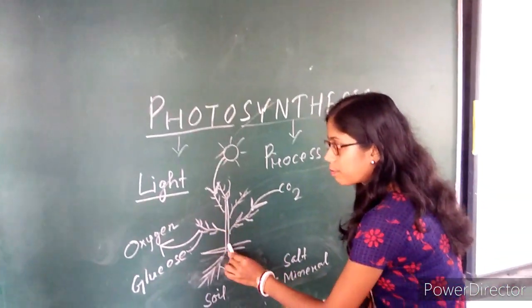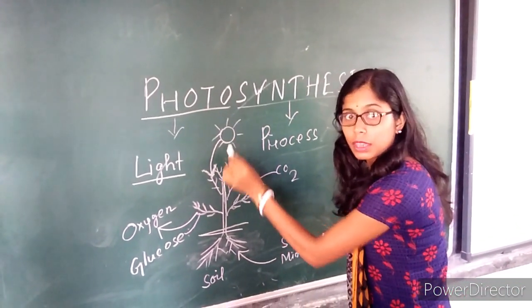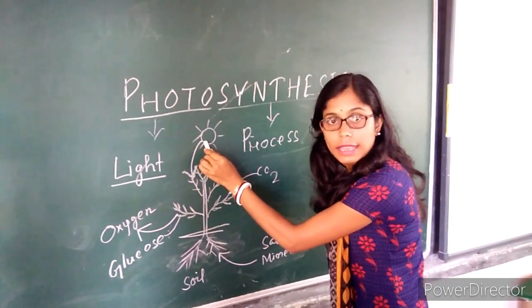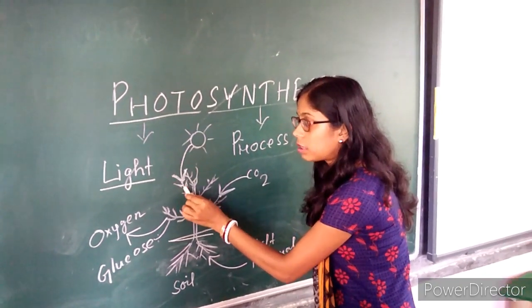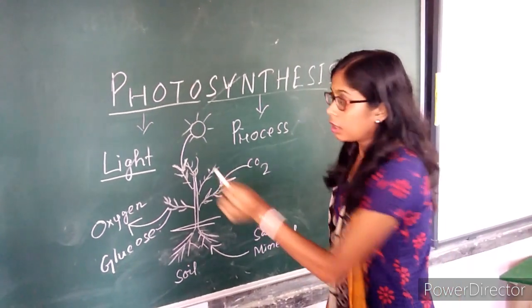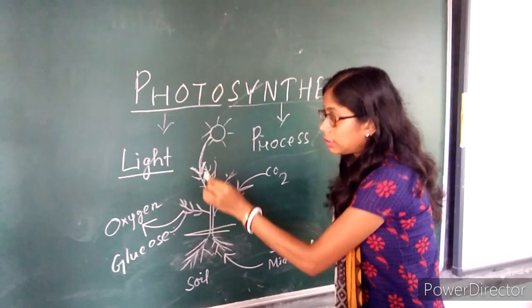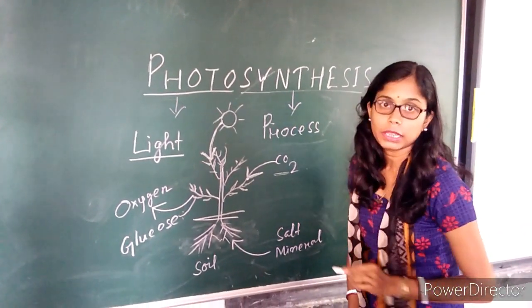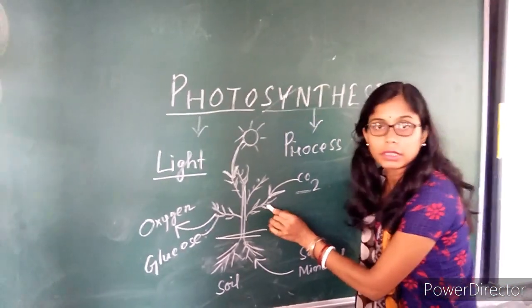For example, this is a plant. Here we can see the sun. All the plants get light from the sun as heat energy. The leaves of the plant contain chlorophyll as a green pigment. The chlorophyll absorbs the sunlight. Then there is carbon dioxide in our atmosphere, which is also absorbed by the green plants.